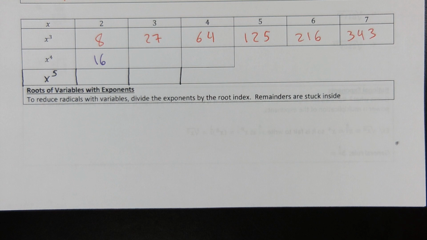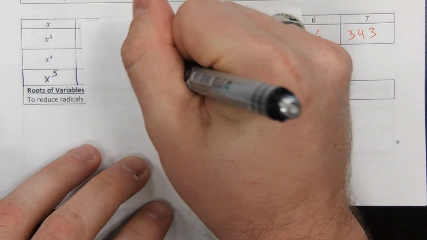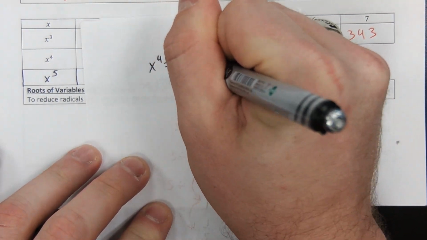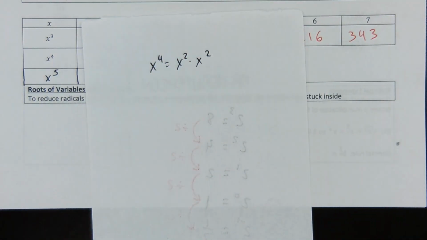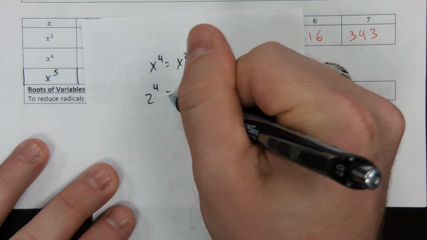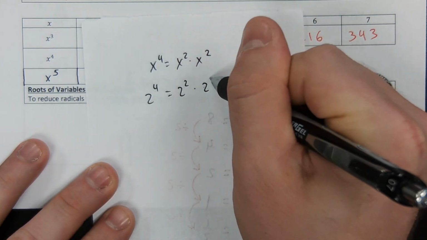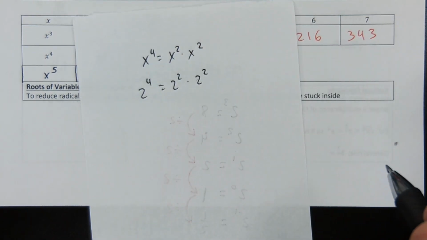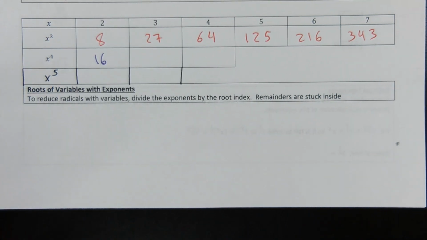So I could say that x to the fourth is just x squared times x squared, right? So if I said what's 2 to the fourth, and you didn't instantly know, you could just see it as 2 squared times 2 squared, and 2 squared is 4. This is just 4 times 4, which is 16.